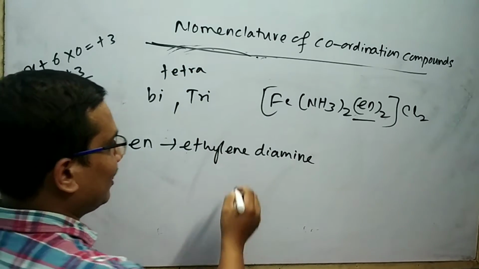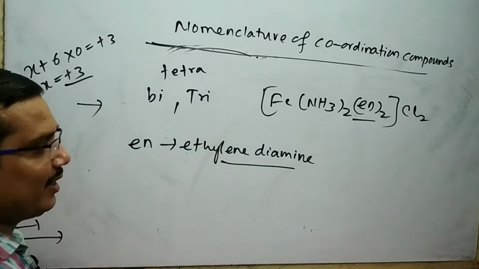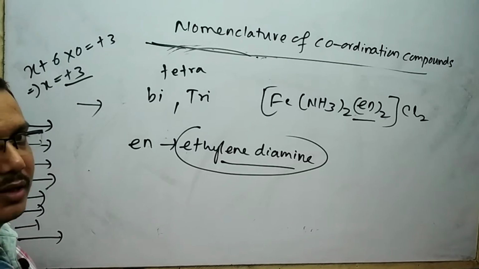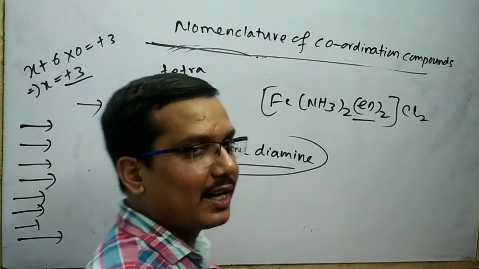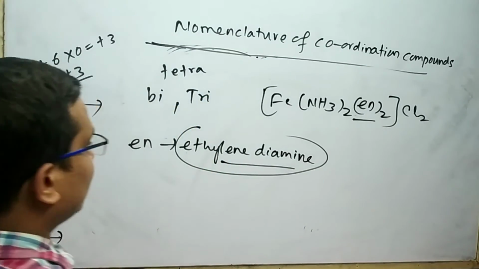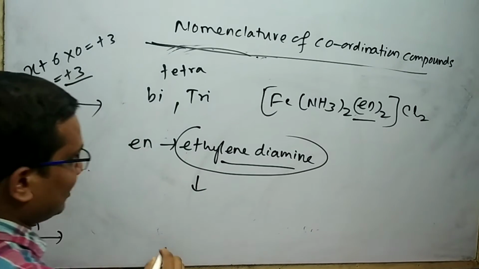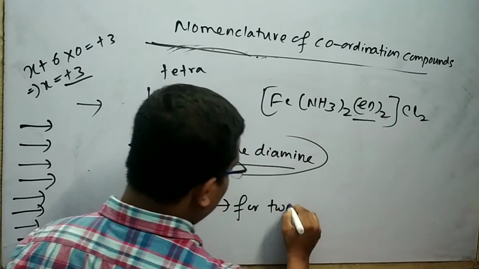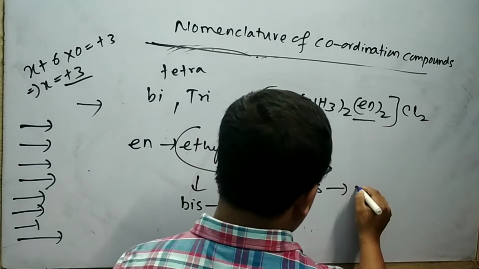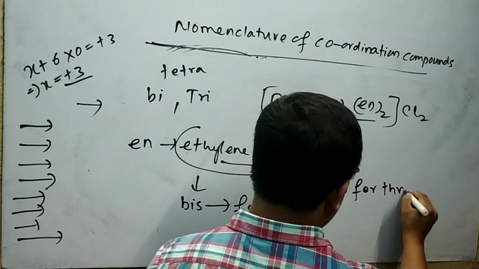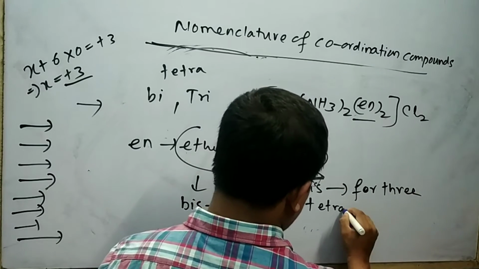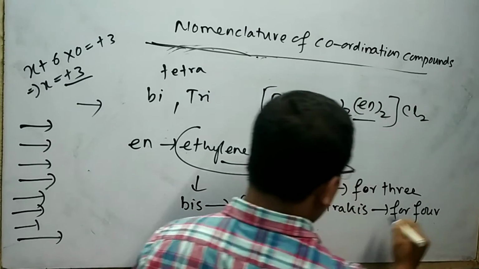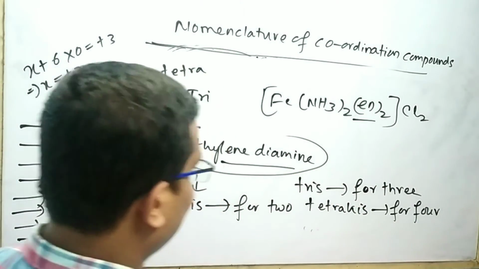Look at that. In this type of ligand, the ligand already contains a prefix like di. So for such a ligand, we generally use a special type of prefix, that is bis for 2, tris for 3, tetrakis for 4, pentakis for 5, like that.